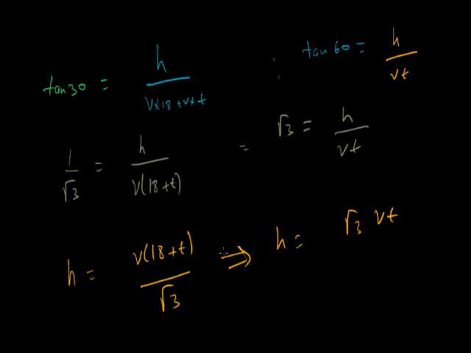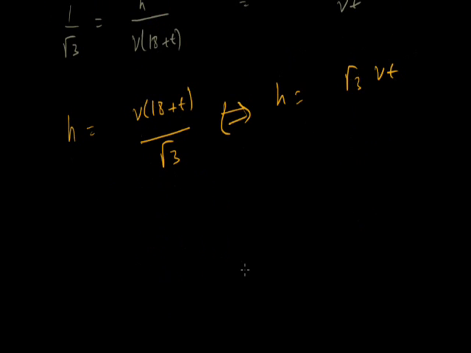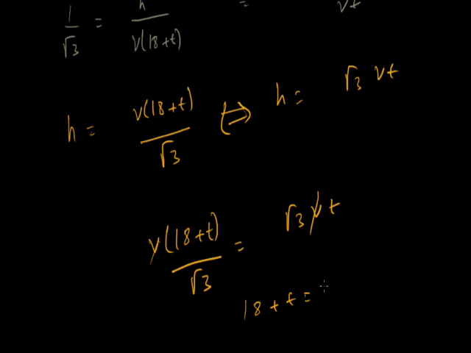Both the h's are same. Let me equate these values. V into 18 plus t upon root 3 is root 3 times v into t. This v is cancelled with this v. 18 plus t is root 3 into root 3 into t.